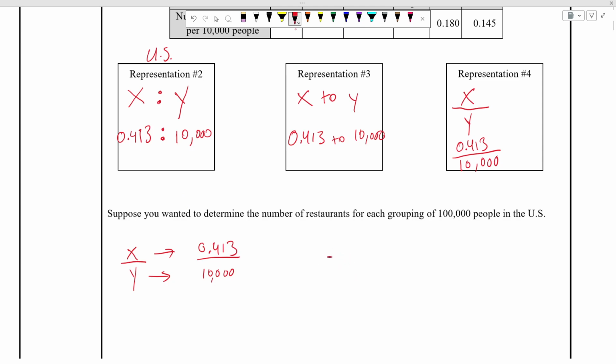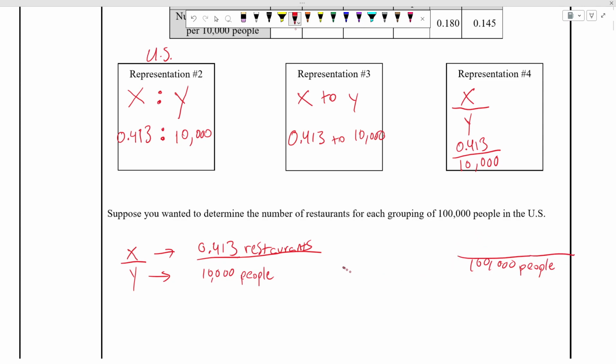So let's see here. If I wanted, here's people, and here's restaurants. And I wanted my number of people to go from 10,000 to 100,000. Again, people.